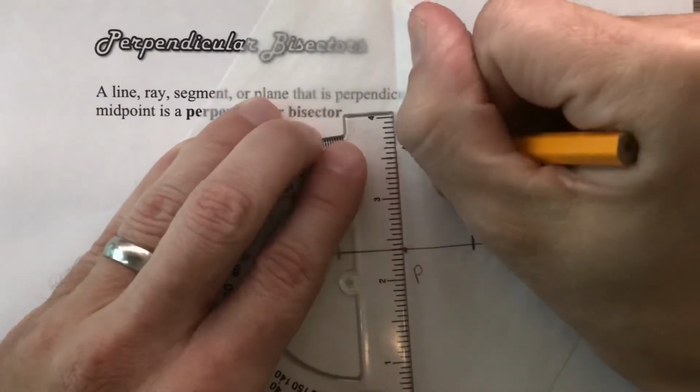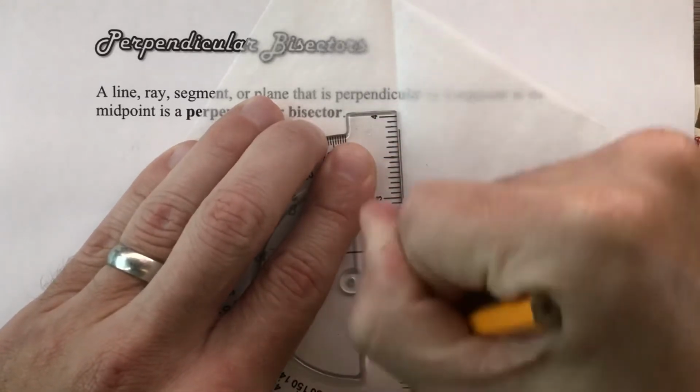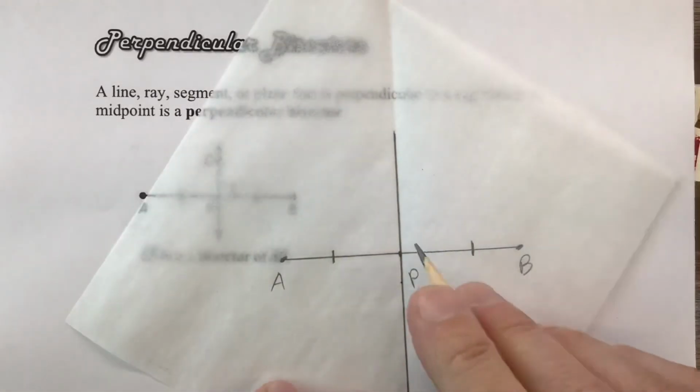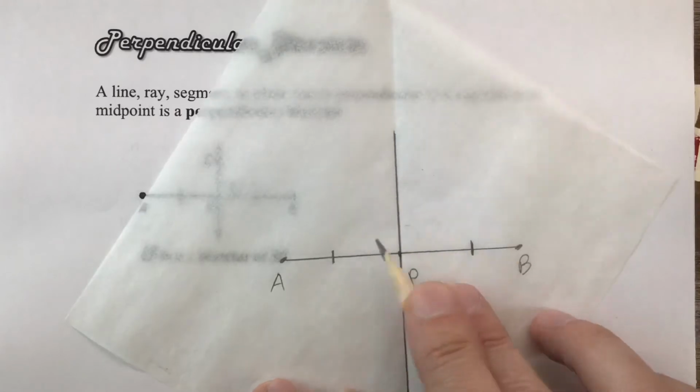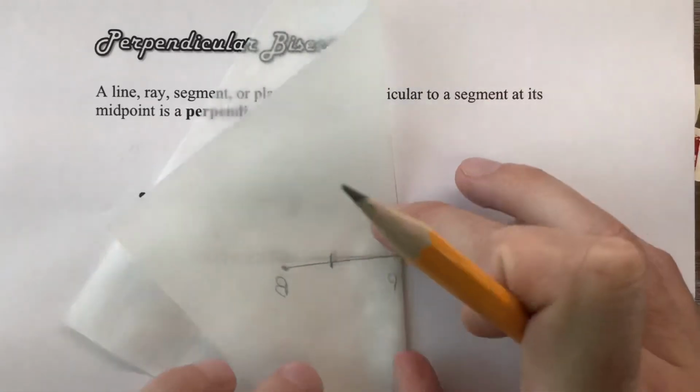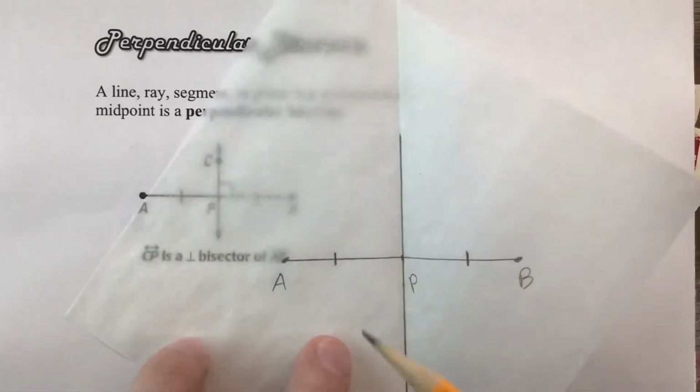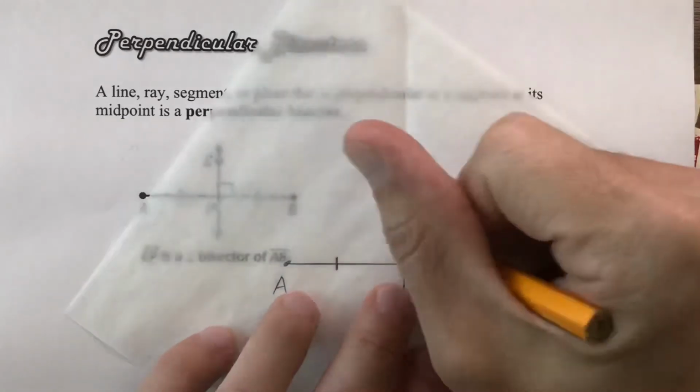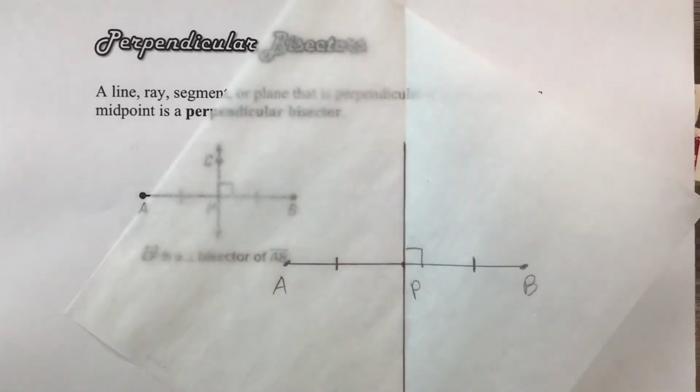If I highlight that crease, this angle matches that angle. And the only way that works, being that these are linear pairs, is if they each are 90 degrees. So with that fold, I automatically get my perpendicular bisector.